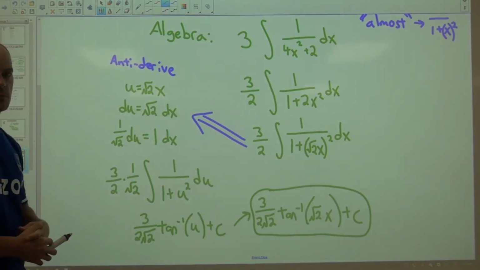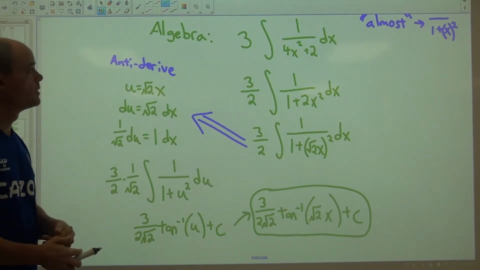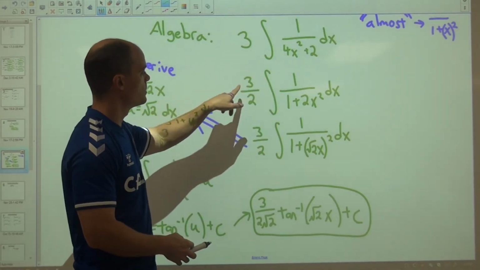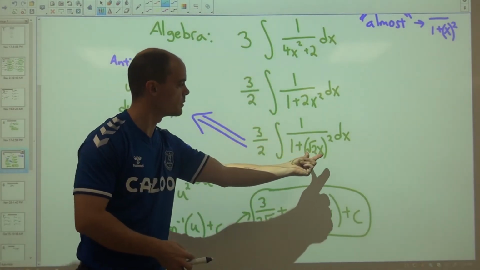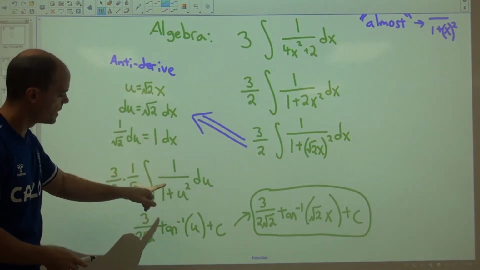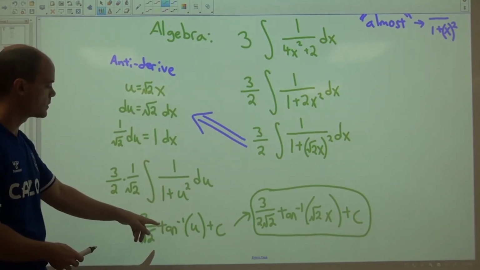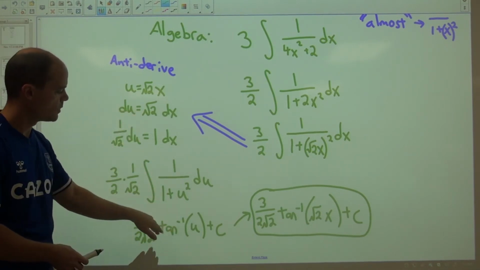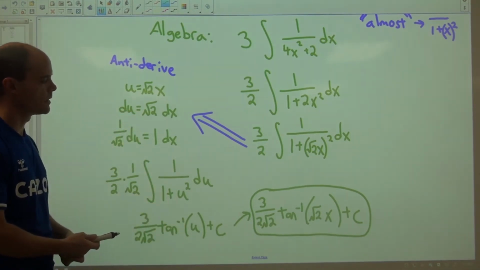Notice most of the work being done here had to do with algebra. Algebra, algebra, algebra, figuring out what that piece was, u substitution setup, substitute, and then we actually performed a step of calculus. The derivative was calculus, the one step of antideriving was calculus.